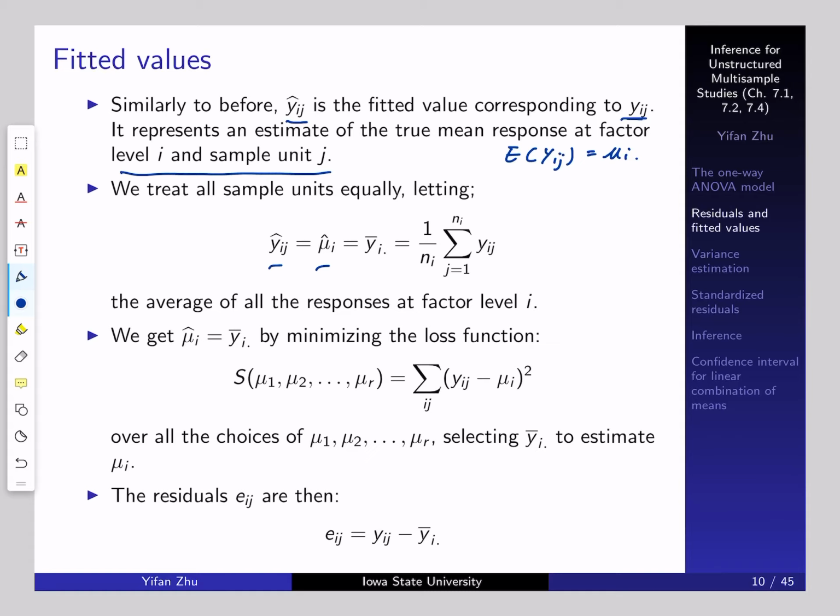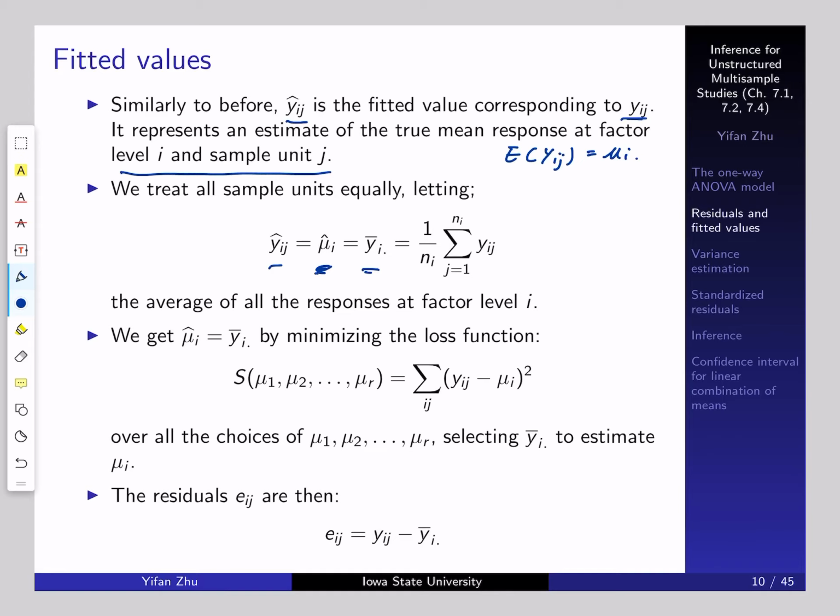So the estimated response Yij hat does not depend on j. It's all the same if the i are the same, and they are all equal to yi dot bar.